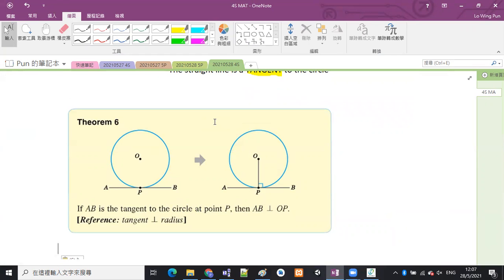And if we know the location of the center of the circle, then we can draw a line joining the center and the point of contact. And obviously, this OP is a radius of the circle, right? And we have the property that this radius and this tangent will be perpendicular to each other, which means that the angle between these two lines is 90 degrees.